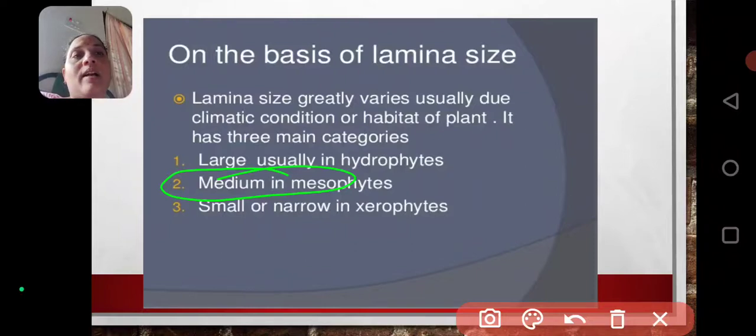So the leaf arrangement and the leaf lamina size is medium in the mesophytic plant, because there are no climatic changes, no extreme climatic conditions in the mesophytic regions, so mesophytes maintain the medium leaf lamina size.